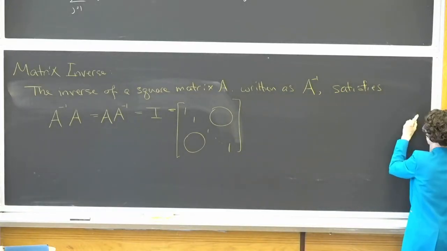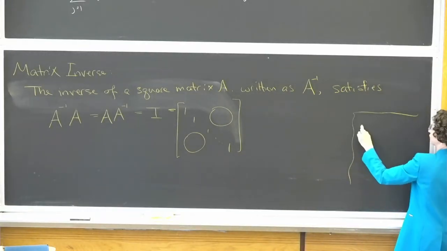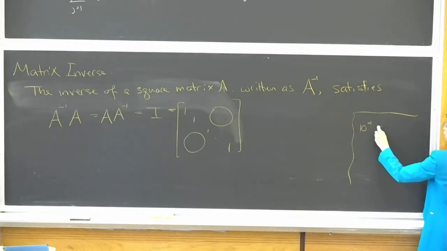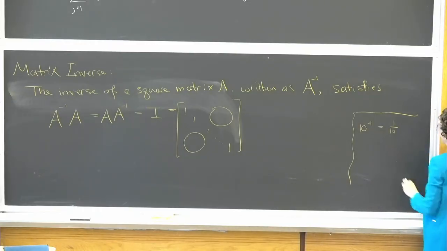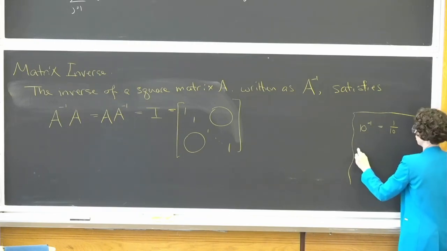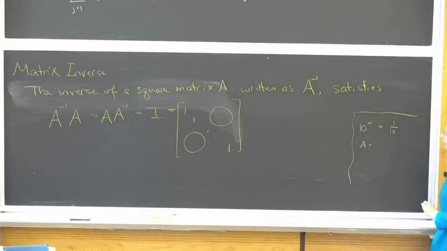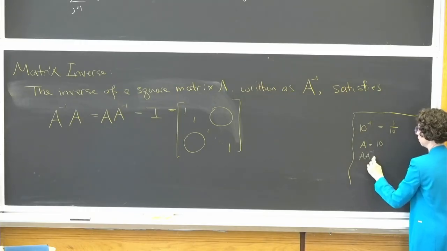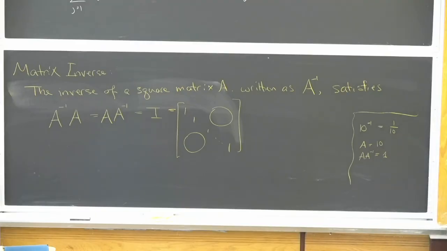As a little aside, if I told you about 10 inverse, this is just equal to 1 over 10. If I think about my matrix A as a 1-by-1 matrix with value 10, then A times A inverse would simply be equal to 1. So it's conceptually related to the notion of inverse that you have encountered before.